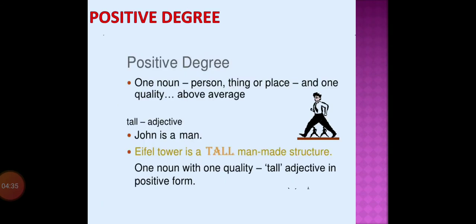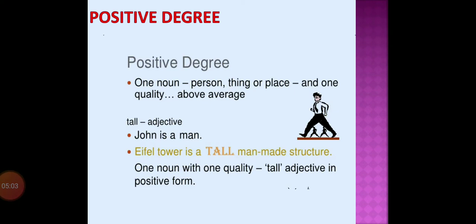So our first degree is positive degree. Keep in mind that where there is no comparison between any nouns, that basic adjective is your positive degree adjective, where we are considering one noun, one person, thing or place, or a single quality about the noun.